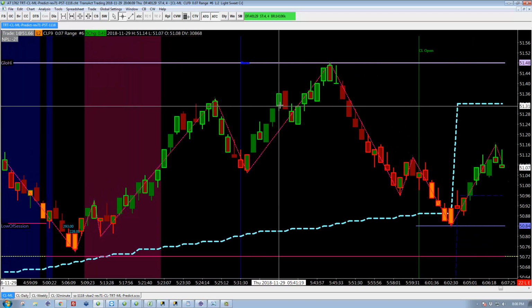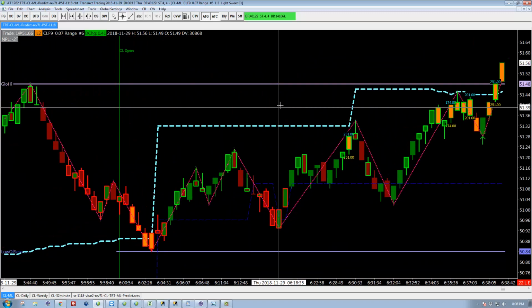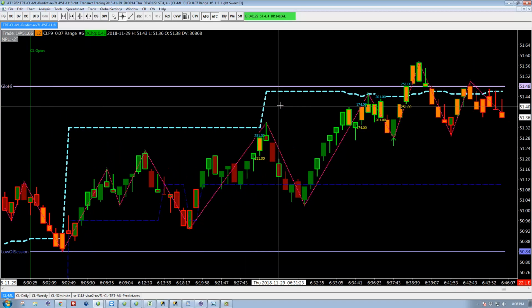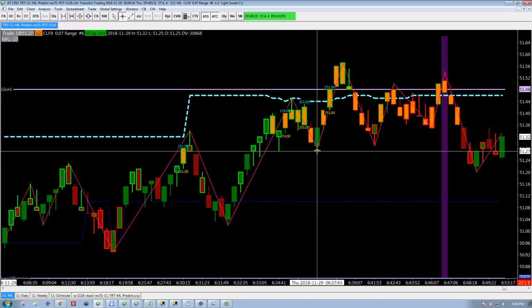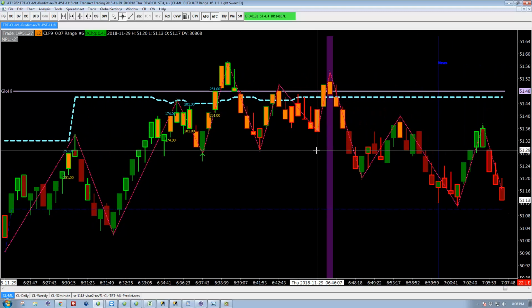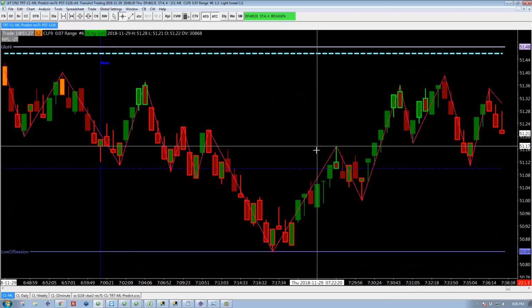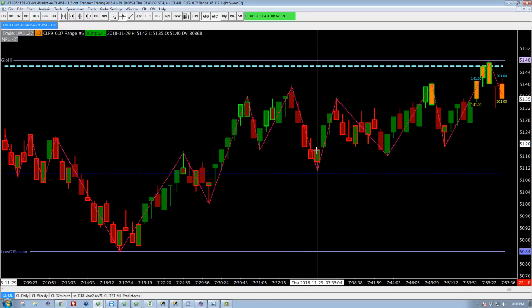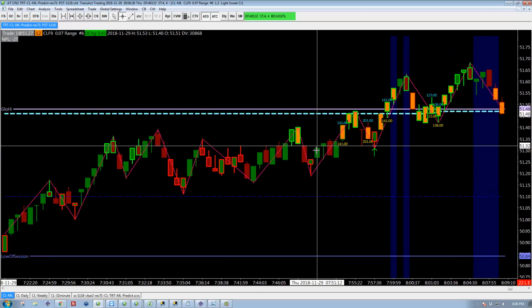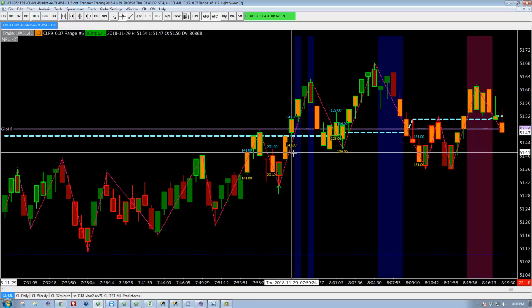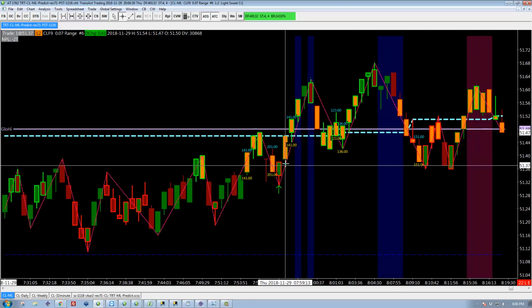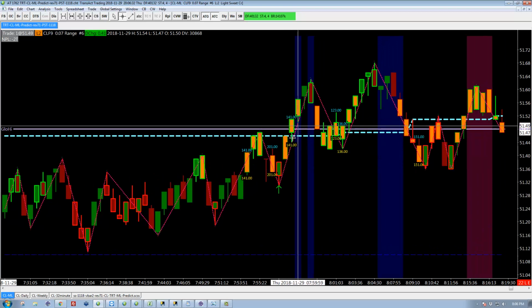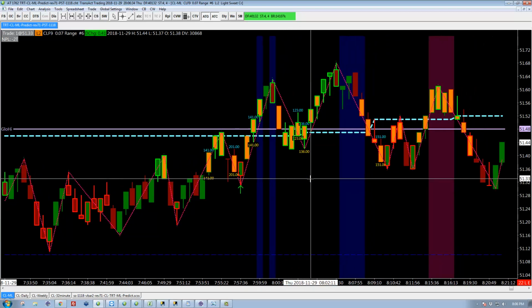So there's the open. No fill here. Where are we at? We're at 51. Okay, so the market has fallen all the way from 70. Again, no fill here. It'd be tough to get filled there in almost any circumstance.